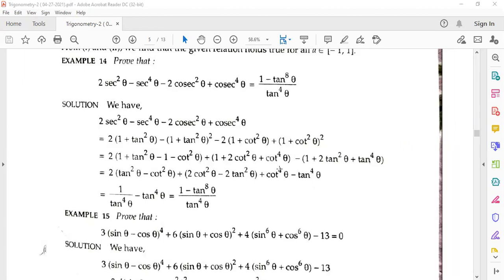So only cot to the power 4 theta minus tan to the power 4 theta will be coming. Cot to the power 4 theta can be written as 1 by tan to the power 4 theta, minus tan to the power 4 theta. Now taking the LCM as tan to the power 4 theta, then 1 minus tan to the power 4 theta into tan to the power 4 theta, that is tan to the power 8 theta, which is our right hand side. Now is it understood?